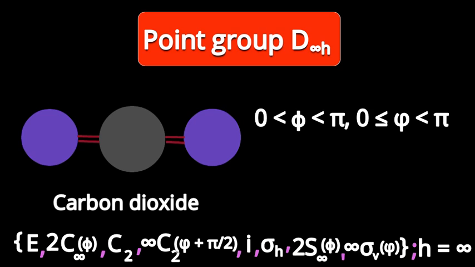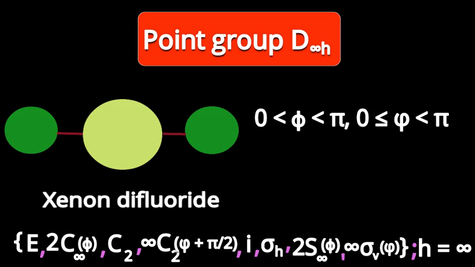Here phi is greater than 0 but less than pi, and psi is greater than or equal to 0 but less than pi. Total number of operations possible, h, is equal to infinity. Is this molecule clear?